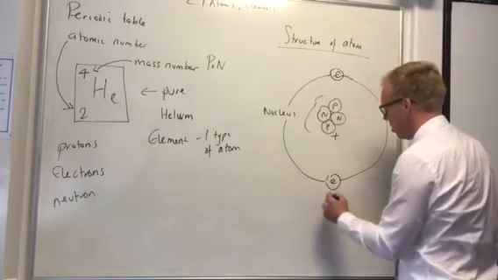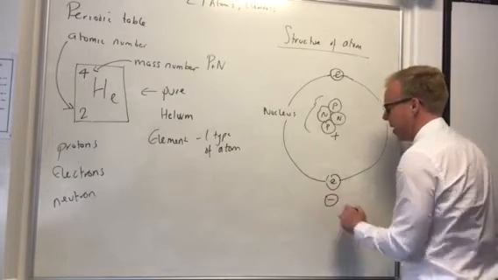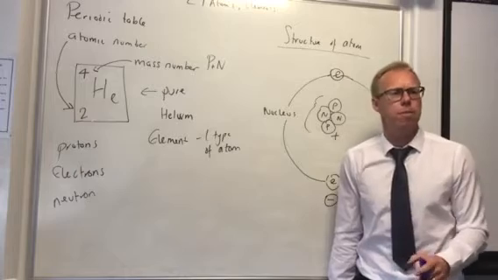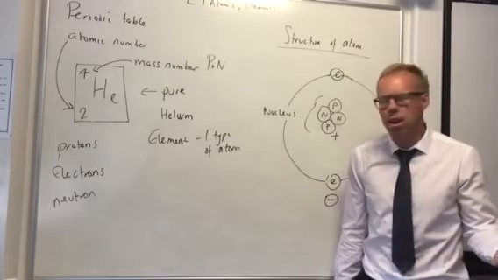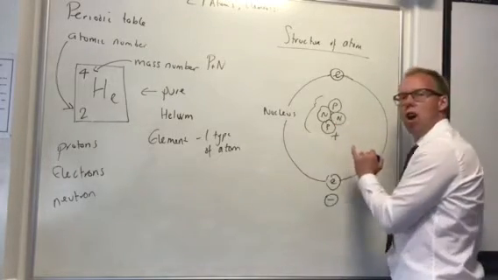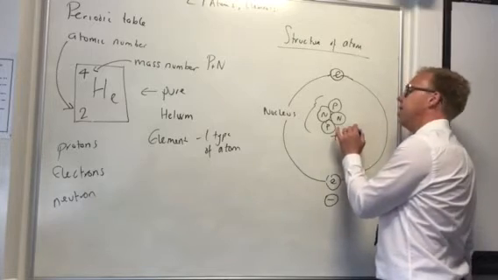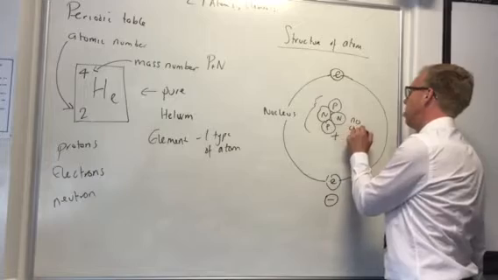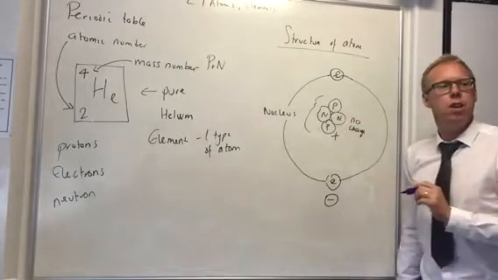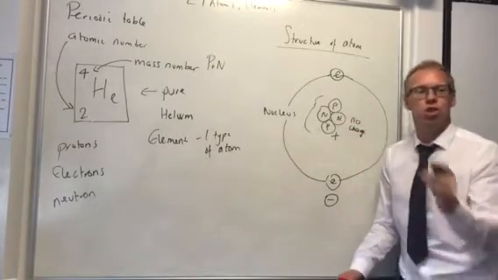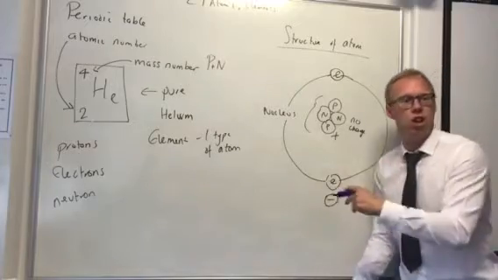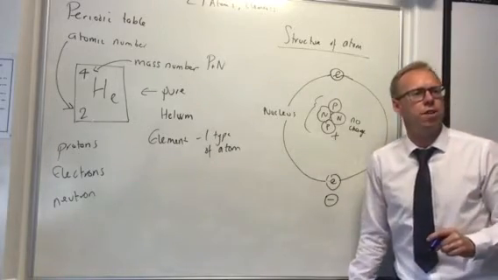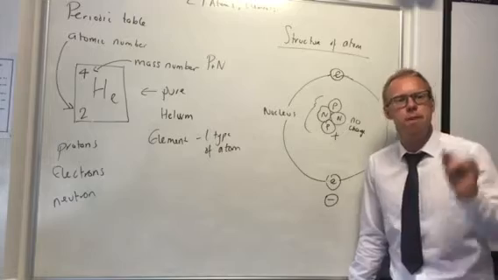The electrons, they are the negative part. No way of remembering that. You just have to do it. But the neutrons, they are neutral or they have no charge. So protons are positive, neutrons are neutral, or neutrons have no charge. You can do the rest yourself.